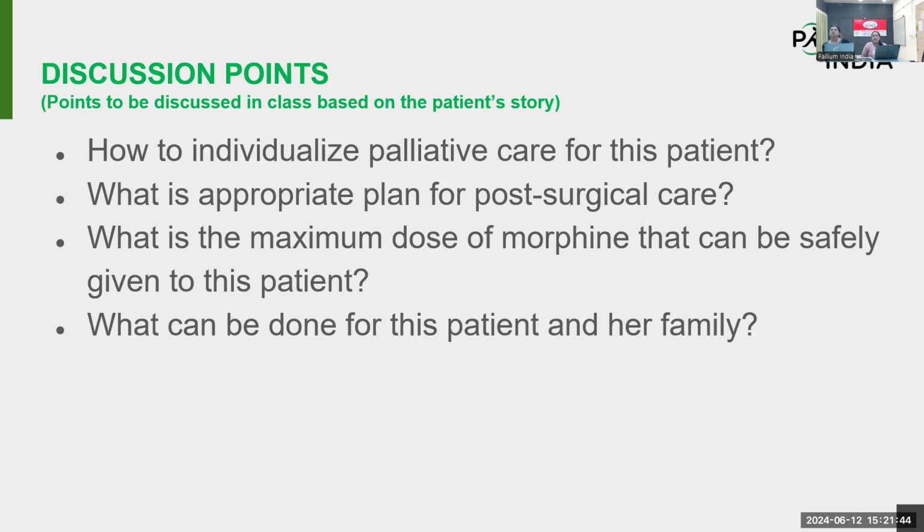And as Hashmat has already mentioned, there are a few things looking into the physical aspect. We can do the caregiver education for the wound management, and of course the total care. A bit deeper into the psychosocial aspect, what the husband is going through, how the mother is coping with the situation, and how actually the patient is going through, because she has been facing a lot of things apart from the advanced cancer issues.